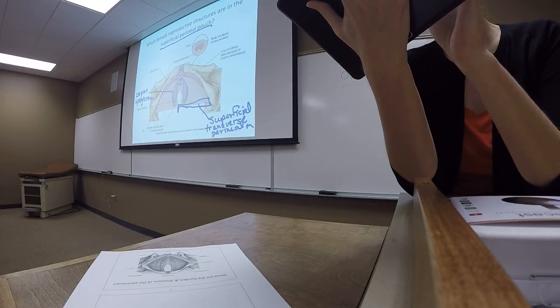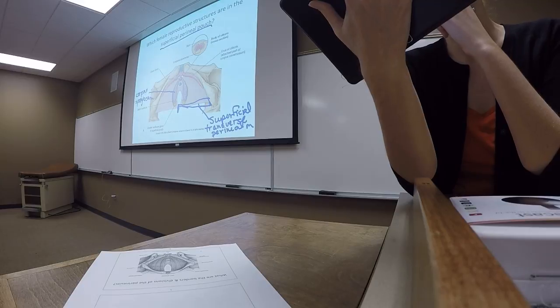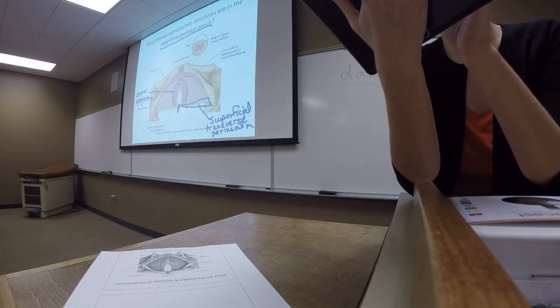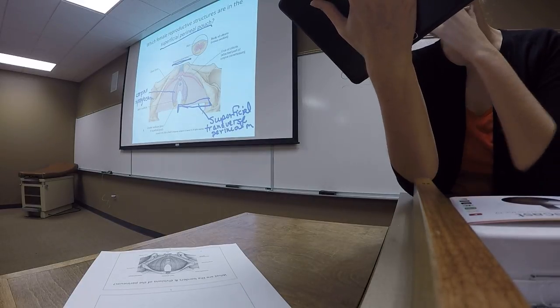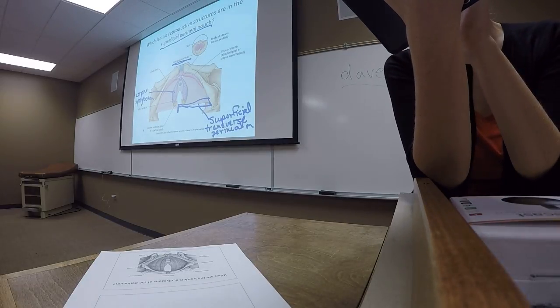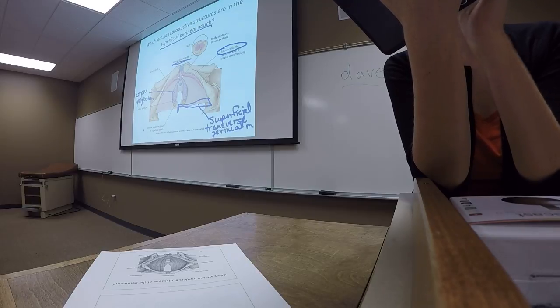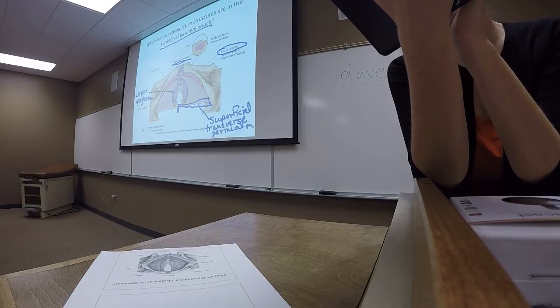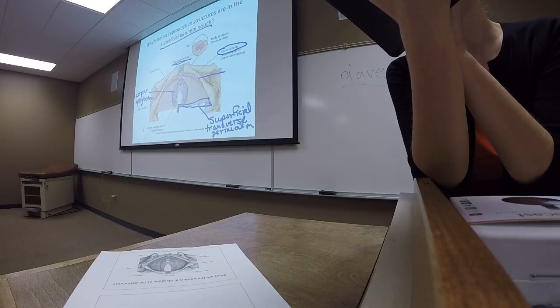And then the pink is always corpus cavernosum, or corpus cavernosa in plural. So we've got the crus of the clitoris in the females, which is anchored to the ischiopubic ramus. So here's the ischiopubic ramus.